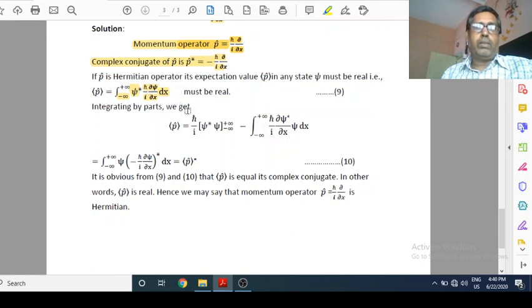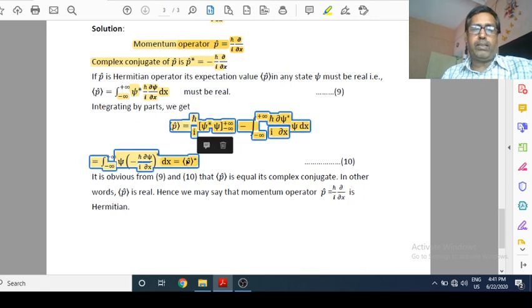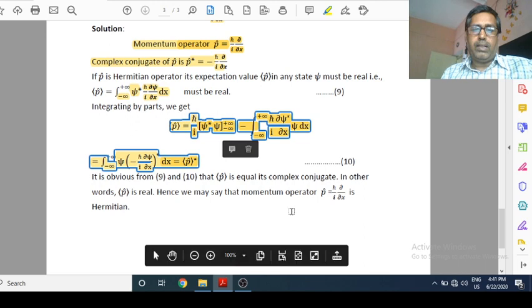After integration we will get this and finally this one. It is obvious from 9 and 10 that the P operator is equal to its complex conjugate. We start from the P operator and we get the complex conjugate of the P operator. It means the momentum operator is Hermitian.